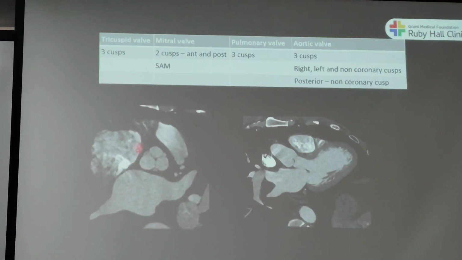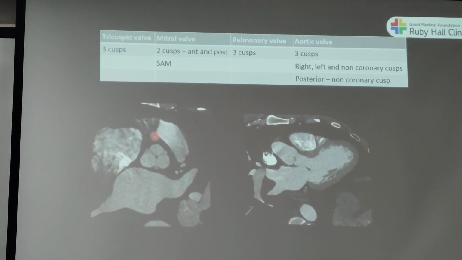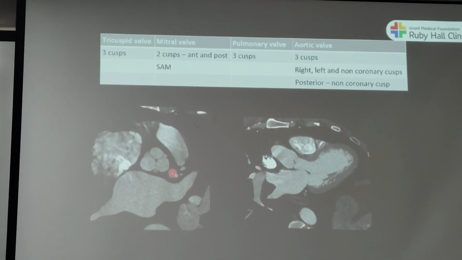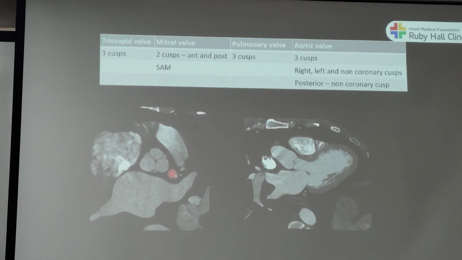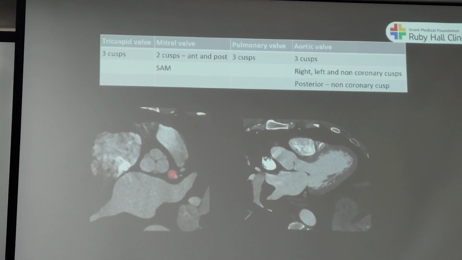Then anterior to that will be a right coronary cusp, and this will be a left coronary cusp. So there are three cusps in the aortic valve. The nomenclature is based on the posterior most, adjacent to the interatrial septum, being named the non-coronary cusp, and then the right and left coronary cusps.